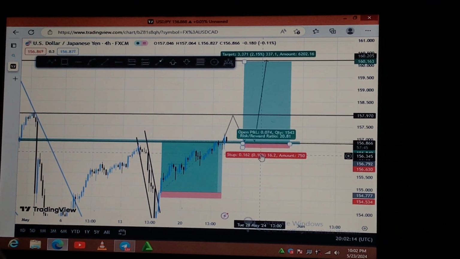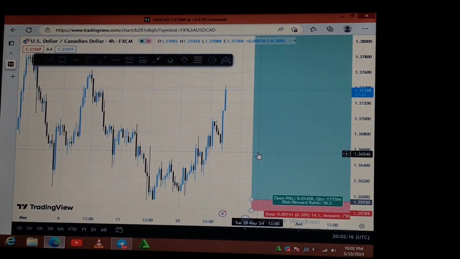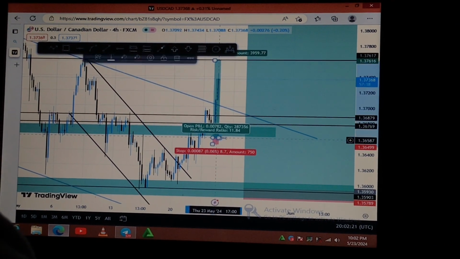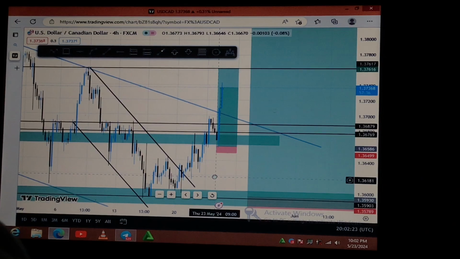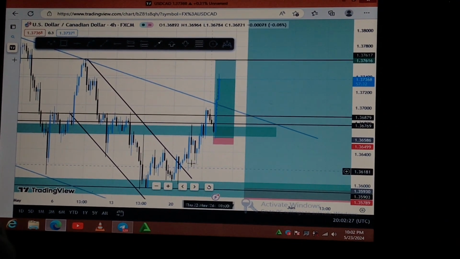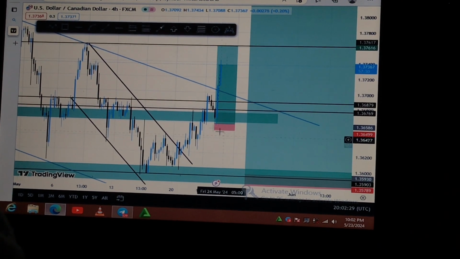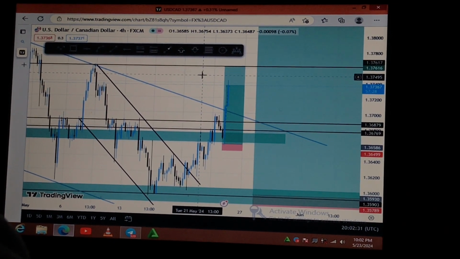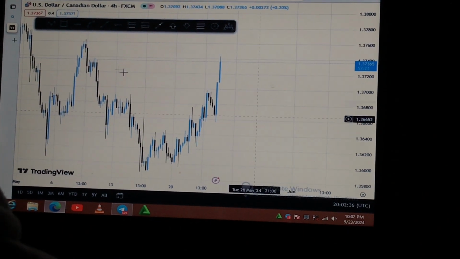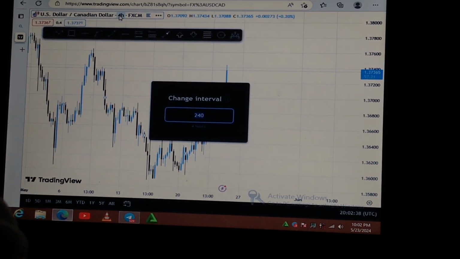So let me go to USD CAD and show you how I got this trade. I'm gonna screen record and show you my entries and everything, but for now I'm just gonna show you how I got this entry, right? So let me just remove drawings and show you how to use support and resistance.